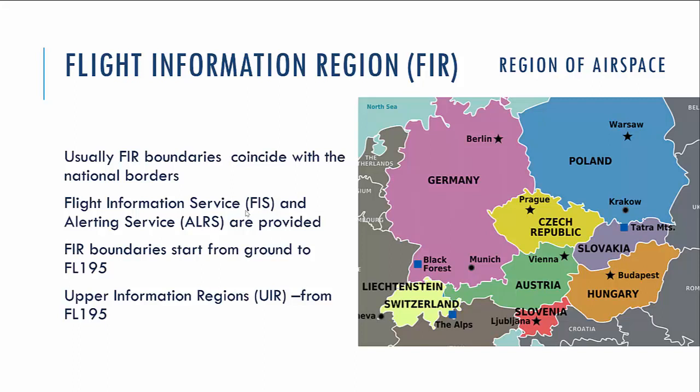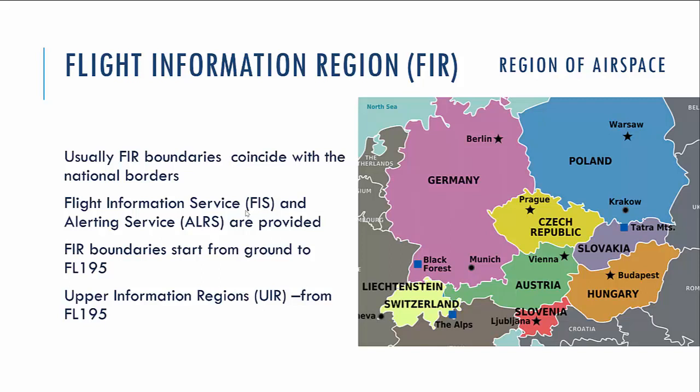And FIRs have existed at least since 1947. On the territory of these FIRs, the Flight Information Service, FIS, and Alerting Service are provided. We will talk about this at the next slide.